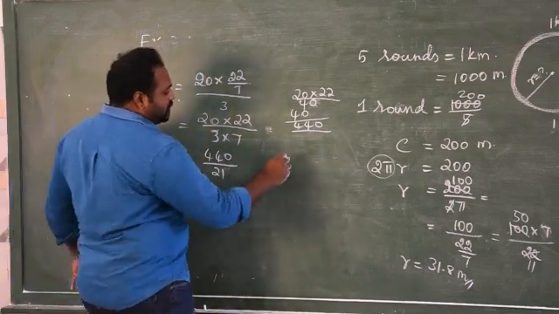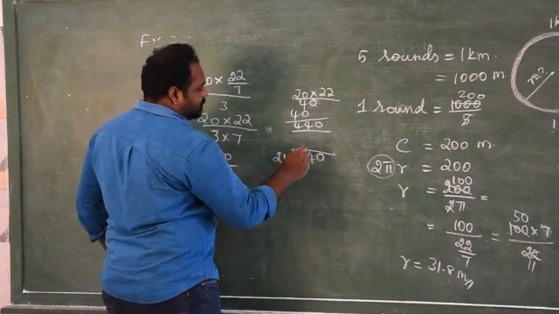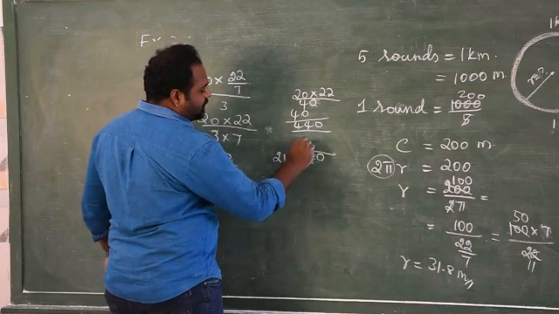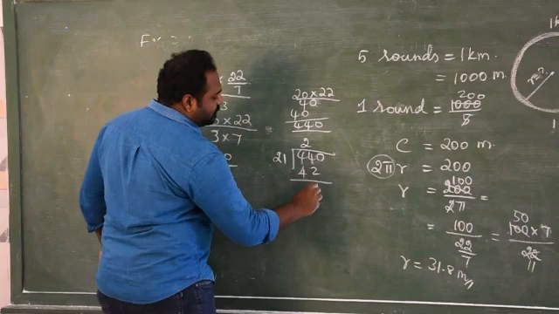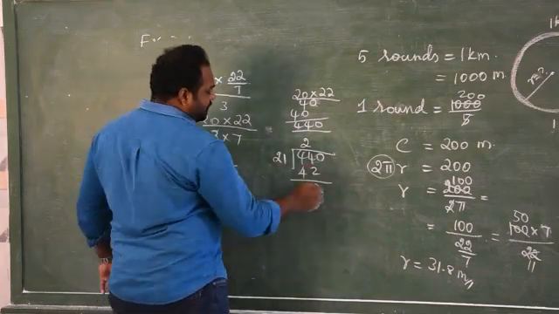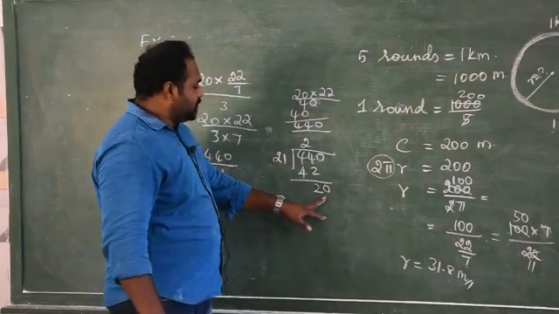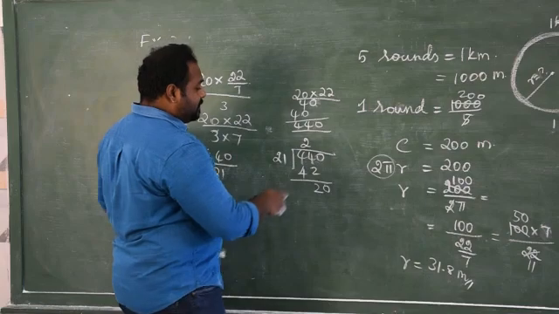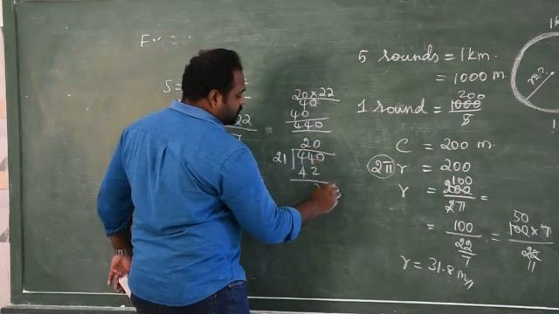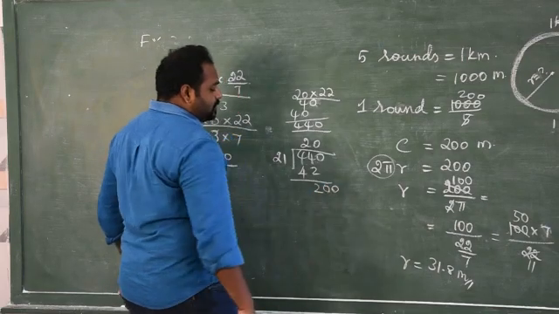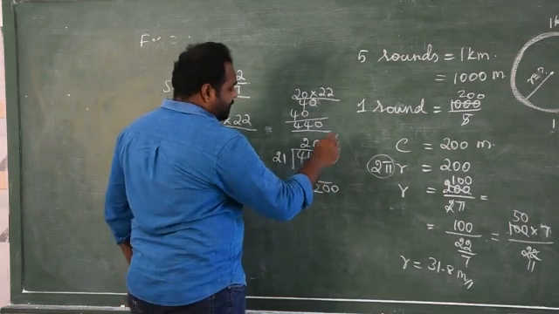So if you divide these values, 2 times, we can take 2 times, 42 divided by 2. It won't go, we can bring 0 down, then it is 20. Here 21 will not go, so once again we can multiply with 9.